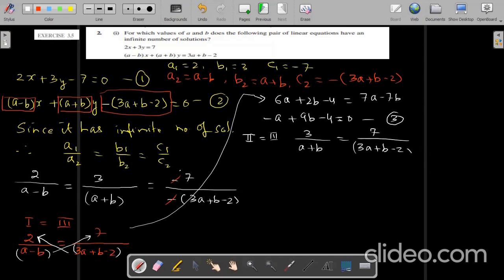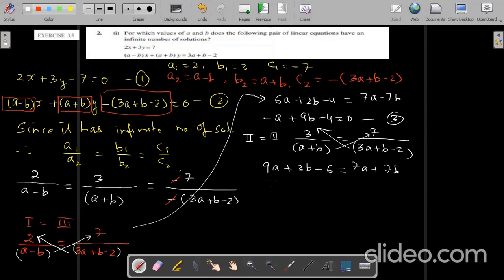Now cross multiply: 3 will multiply with 3a plus b minus 2, and a plus b will multiply with 7. So this is 9a plus 3b minus 6, and 7a plus 7b.